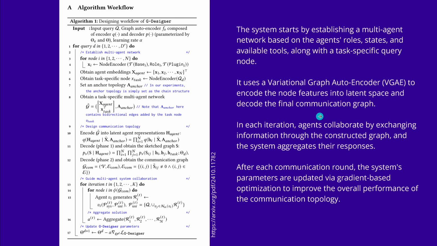In each iteration, the agents collaborate by exchanging information through the constructed graph, the communication pipelines that we have in the graph, the edges, and the system aggregates their responses, whatever your aggregate function will be. And after each communication round, the system's parameters are updated via gradient-based optimization to improve the overall performance of the communication topology. You need time, you let it run a long time, and you hopefully get the best performance of the system in a specific configuration.